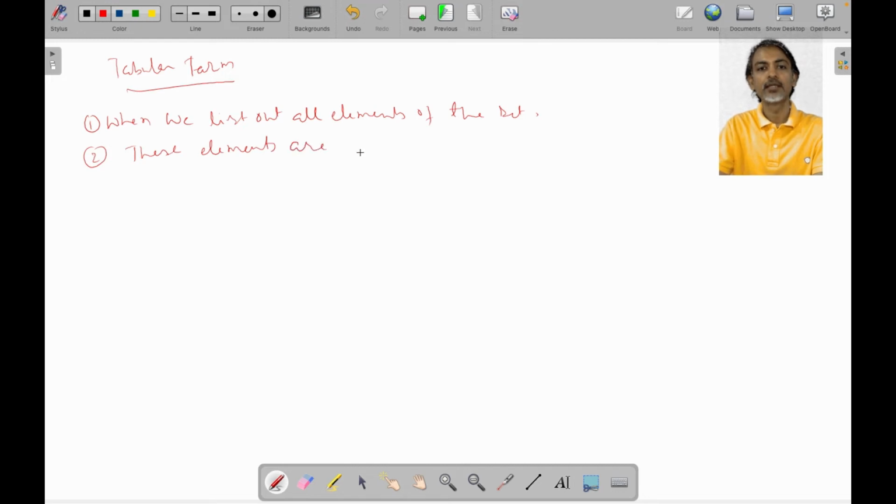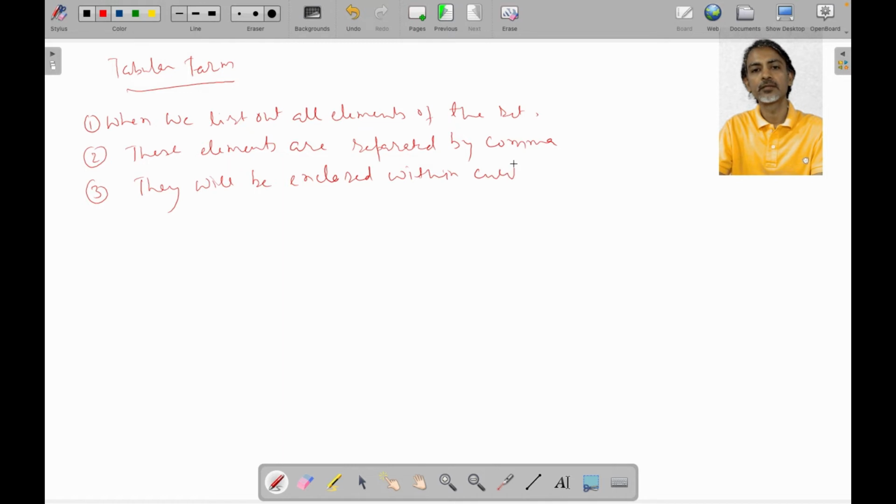Elements are separated by commas, and thirdly they will be enclosed within curly braces.